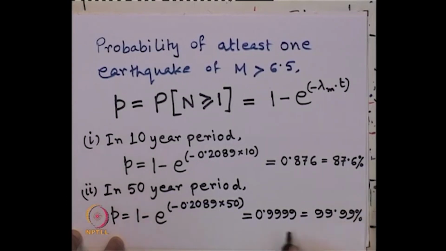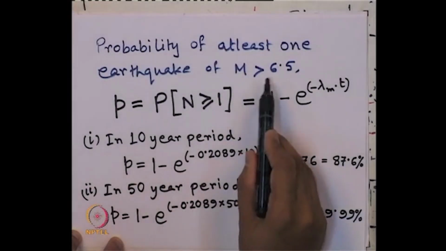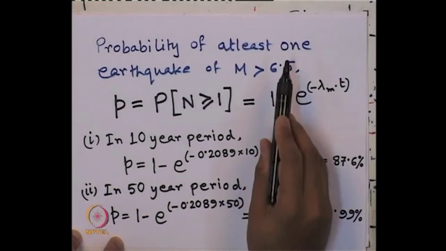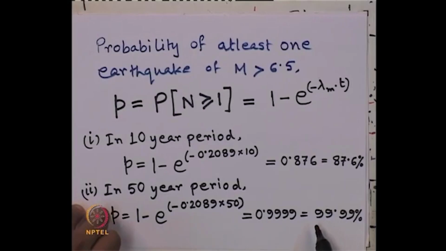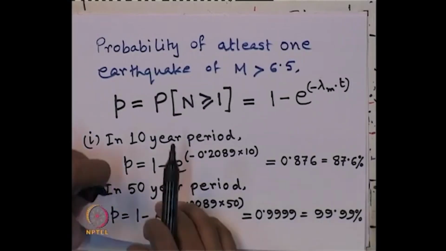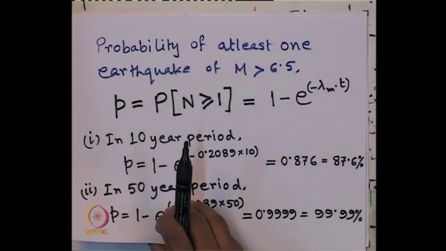So, the probability of occurring a magnitude greater than 6.5 at least once in this region in a 50-year period is almost 100%, close to 100%, right. And then there is no need to calculate for 150-year, because in 50-year itself we got it almost 100%, at least it will occur once, but still for the sake of completeness let us do that.